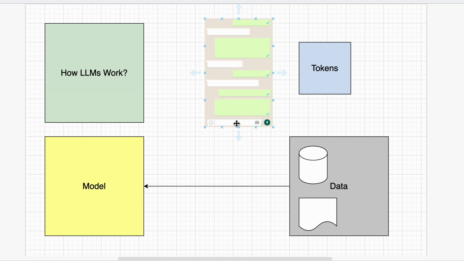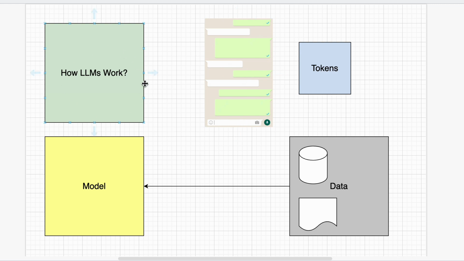In your messaging app, when a word is suggested, the word is based on say the previous few words. But LLMs are actually predicting the next set of words based on a larger set of documents, a larger data store.